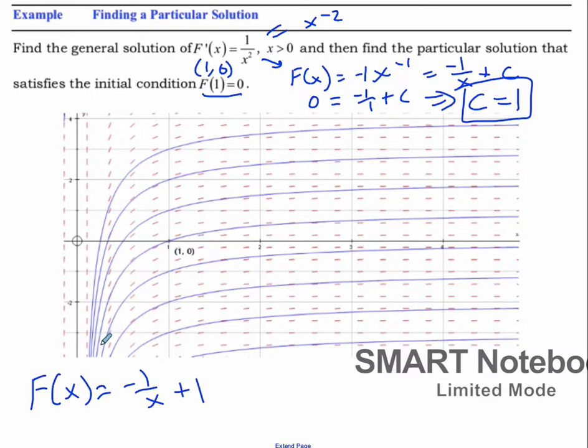That's the equation of this curve right here, which makes sense. It's like a hyperbola with a vertical translation of 1, so it's got an asymptote here at y equals 1.